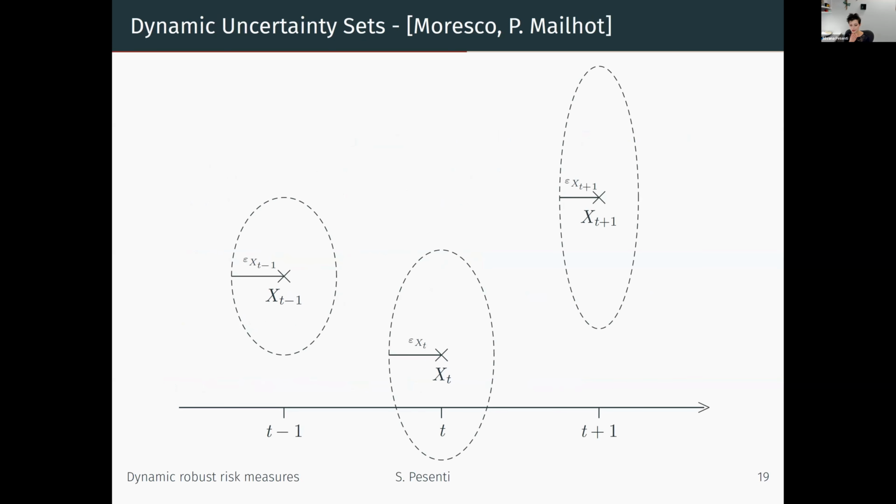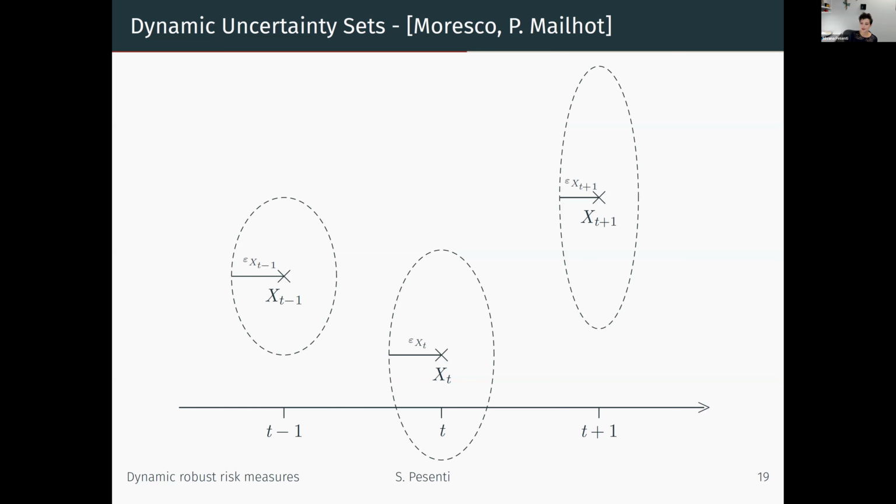So a bit of an illustration here. The way you could potentially view this: we have a time axis, and at every time point you have the random variable of the stochastic process, for example, x t minus 1, x t, and x t plus 1. And then the uncertainty set consists of alternative random variables that could characterize x t.